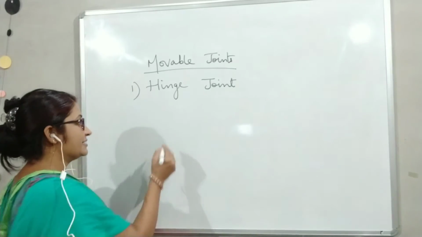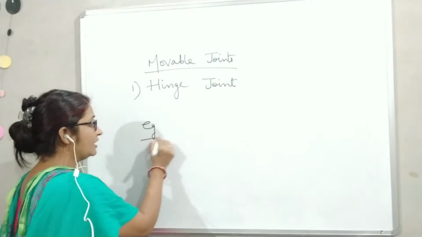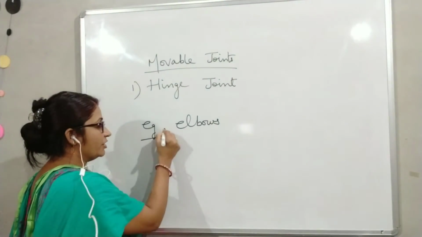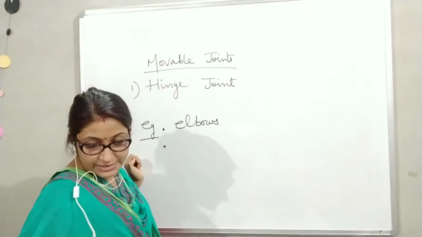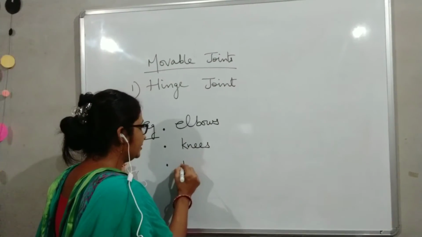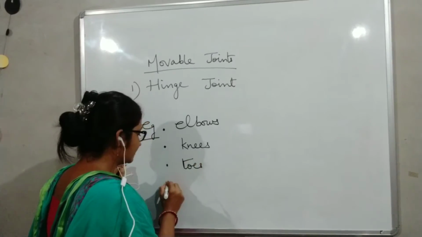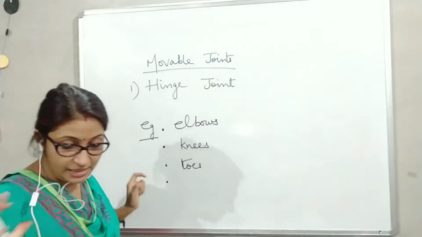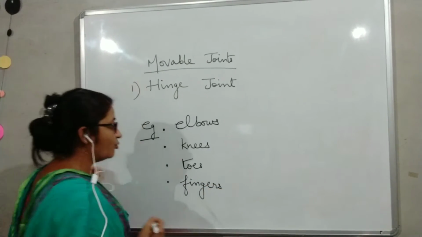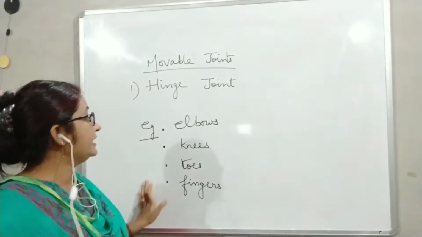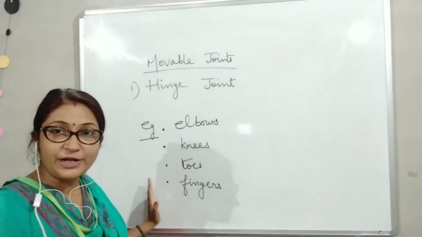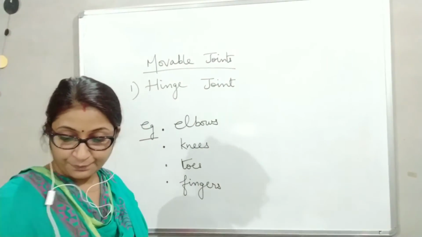We find such joints in our elbows, knees, toes, and fingers. These joints allow movement of these body parts. I hope it's clear.